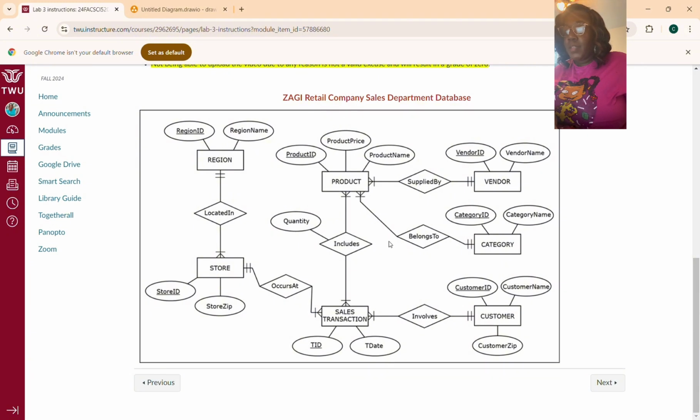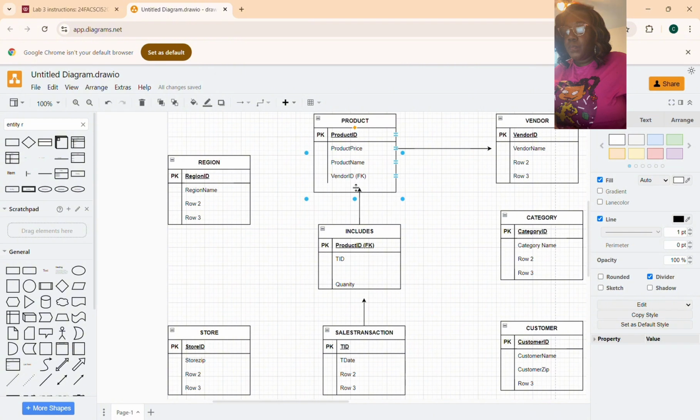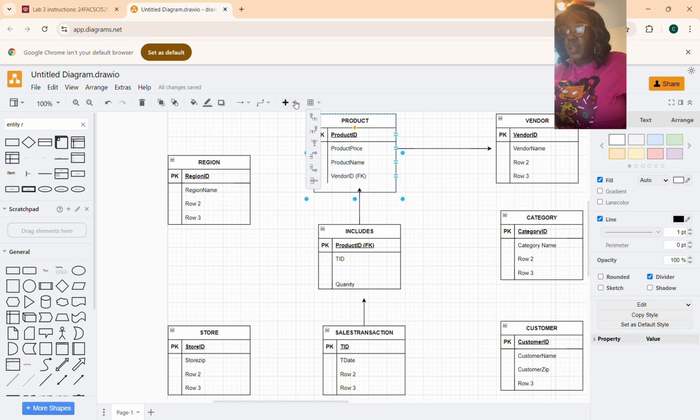Let's see, we might have to add a text. We're going to add that in here this time because I don't want to mess anything up, you guys.